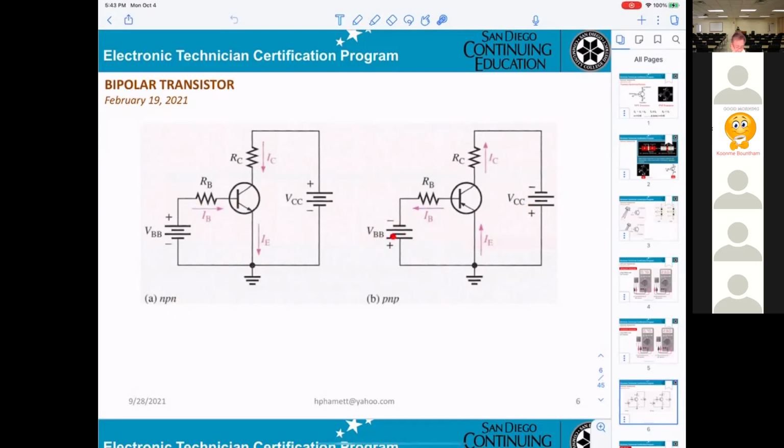However, the current will be IE coming in, IB leaving, and IC leaving. This is the thing you must memorize. If I show you the transistor, you have to tell me which current is coming in or which current is leaving the transistor.